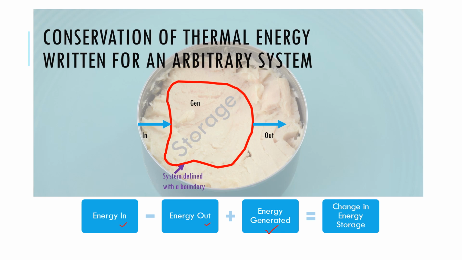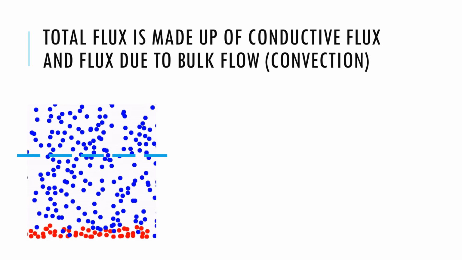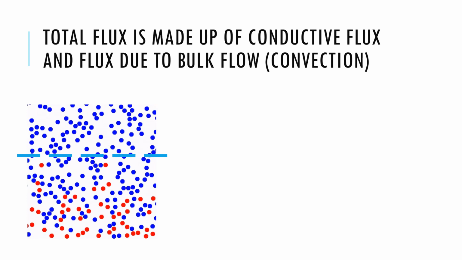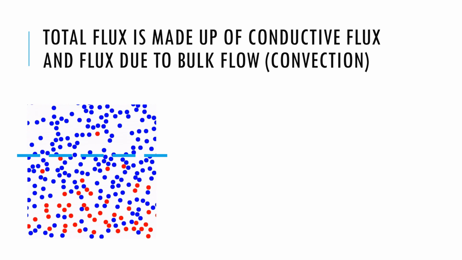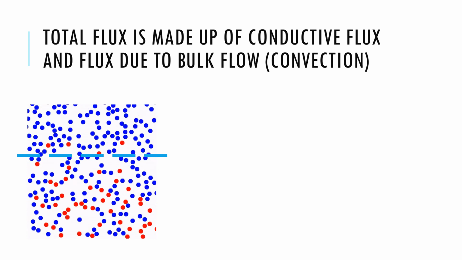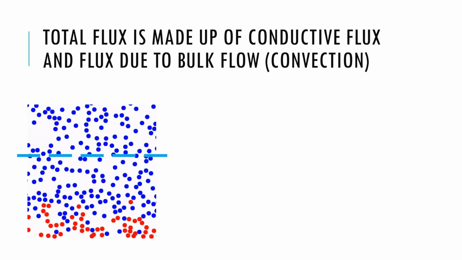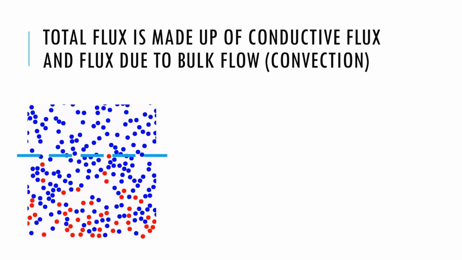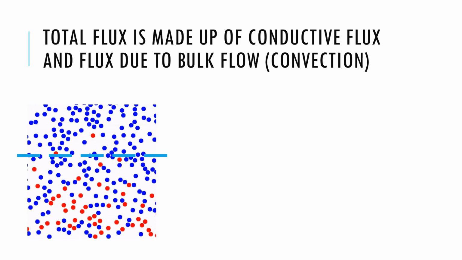So how do we write those fluxes? Here is how we write those fluxes. Imagine a gas that has some hot molecules, the red ones, and some blue ones that are colder, and they're moving randomly.